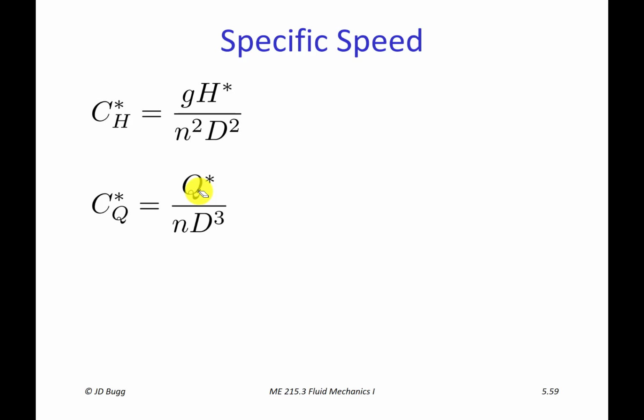So those stars are on the H and the Q, and therefore also on the coefficients. Now, the problem with these quantities as they sit right now is they involve diameter. Well, we don't know the diameter yet. We're trying to figure out what the diameter is, or how big the pump is. So we would like a quantity that doesn't have that D in it. The whole purpose of what we're about to do is get rid of that D. Again, note that these are at the best efficiency point. That's what the star is.